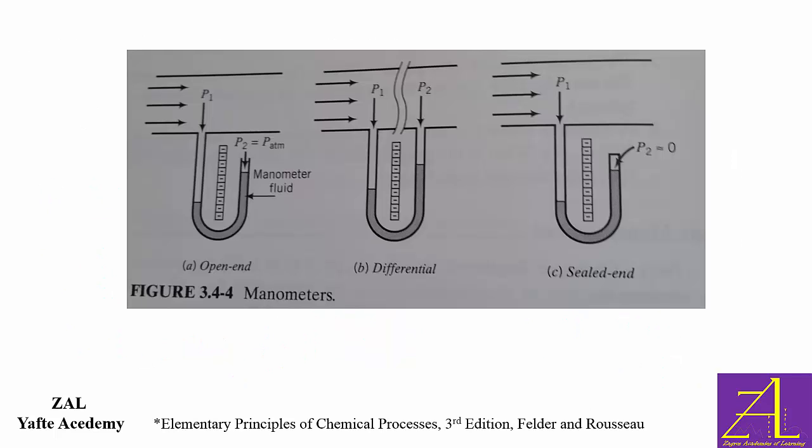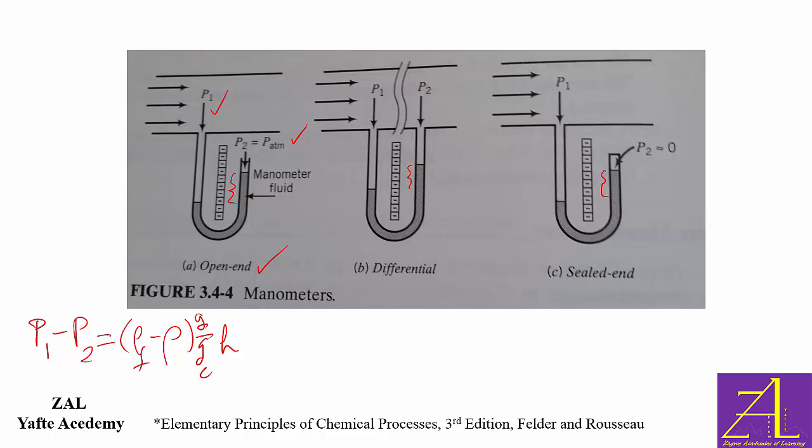So let's write the equation for differential manometer we just derived here. Rho F minus rho G over GC H. This is height H, this is height H, and that is height H. In the open-ended case, manometer is connected to P1 inside the pipe, but the other side is open to atmosphere, therefore P2 is equal to P atmosphere.